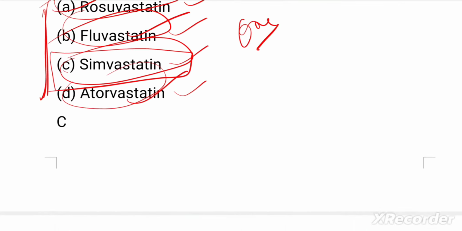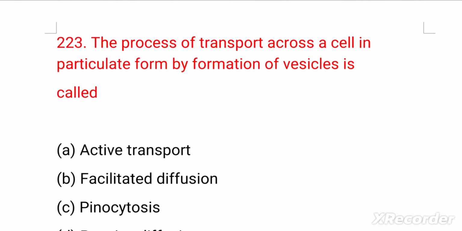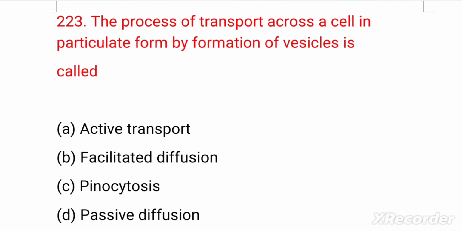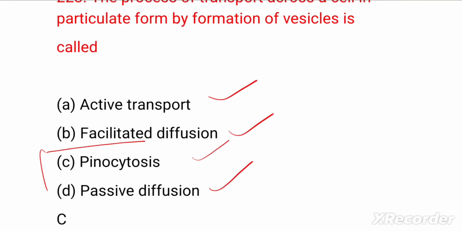Next question, the process of transport across a cell in particulate form by formation of vesicles is called, options are active transport, facilitated diffusion, pinocytosis, passive diffusion. Answer is C, pinocytosis.